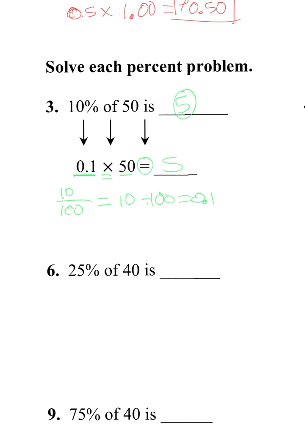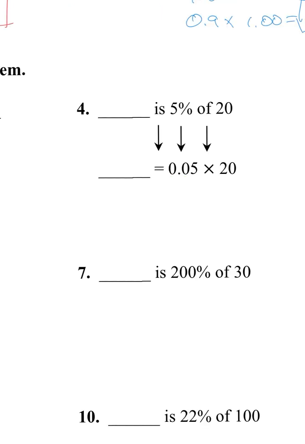All right, number four. On number four, you've got blank is 5% of 20. What they do here is they change it up for you just a little bit. They put the is in front. Is still is your equal sign, and for 5%, they got 0.05. Same thing, trust but verify. In this case, I get 5 over 100.